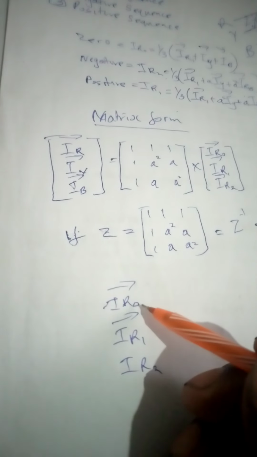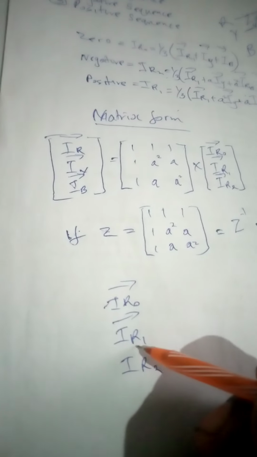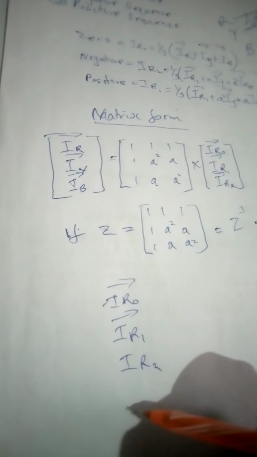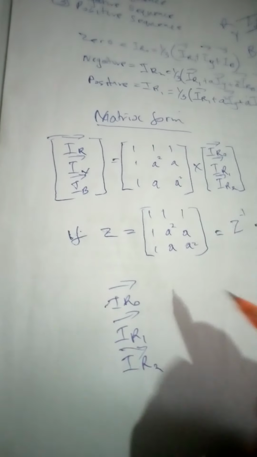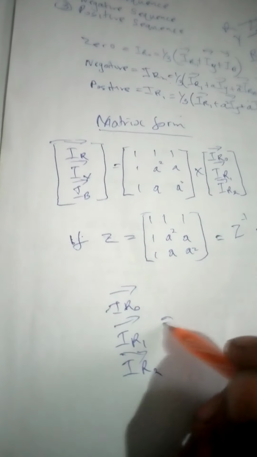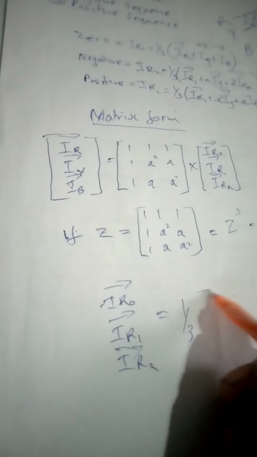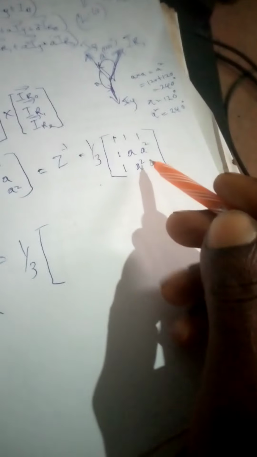Remember, R0 is zero sequence, R1 is positive sequence, and R2 is negative sequence. Should be equals to inverse of our resultant is this.